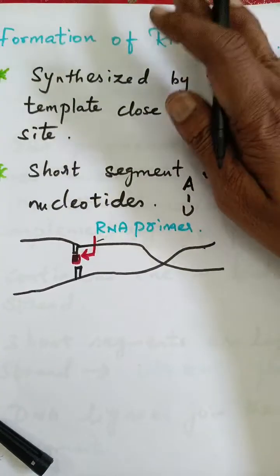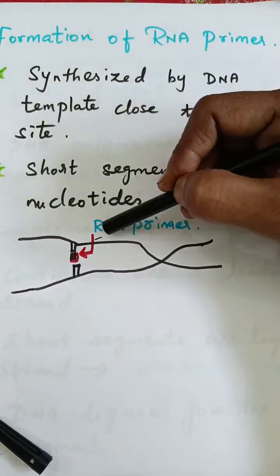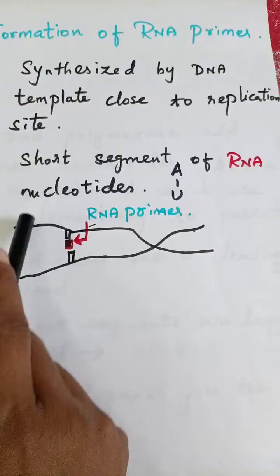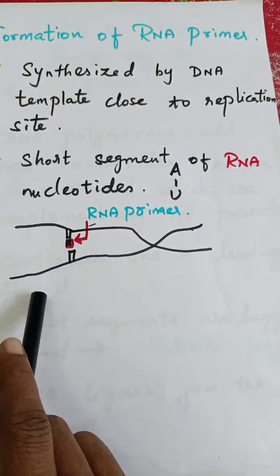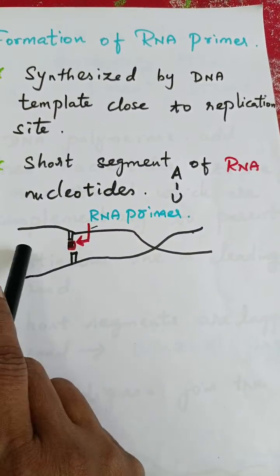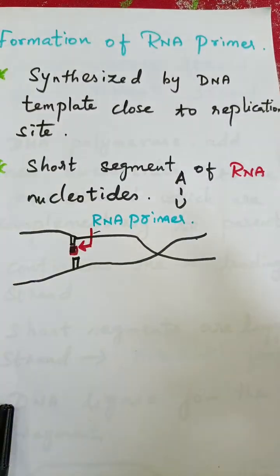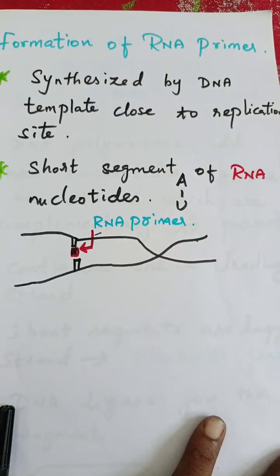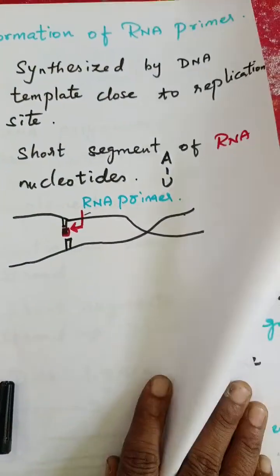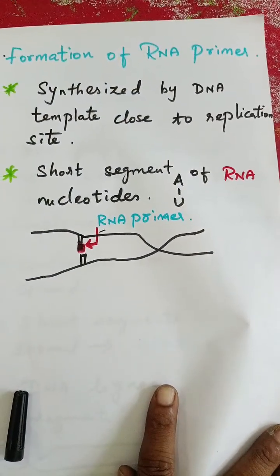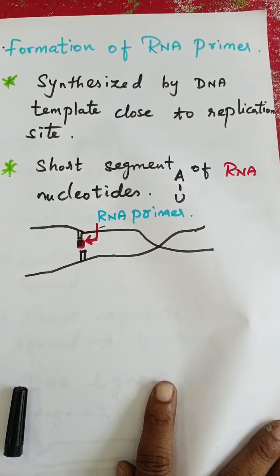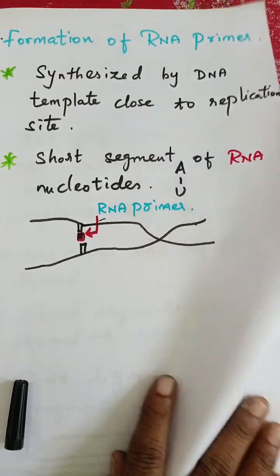Understood? Once this RNA primer comes and occupies its place, the two parent strands will start producing the new strand of DNA with the help of other enzymes. So let me explain the other enzymes. What are the other enzymes involved in the formation of the new complementary strand to the parent strand?